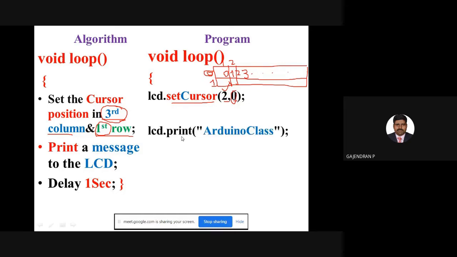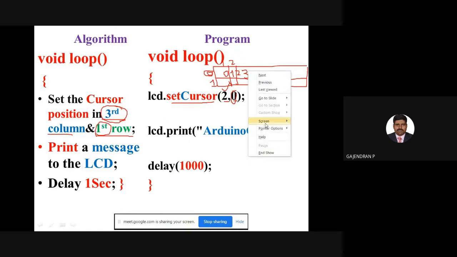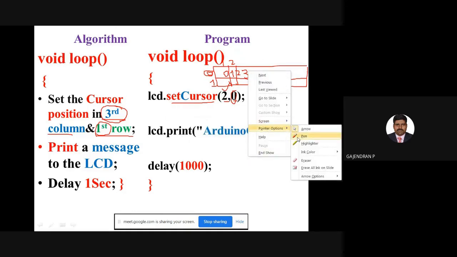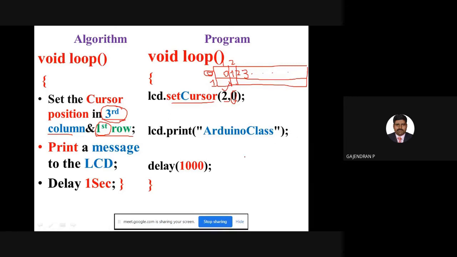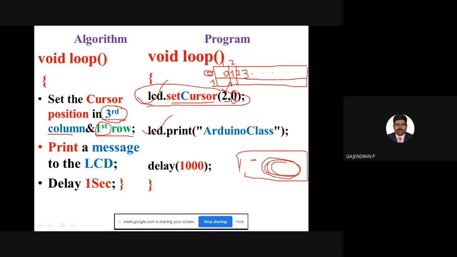Okay. Now, what is the statement we are going to print? LCD print Arduino class. Shall we try this one? And the last point, why are we introducing delay? See, the LCD consists of a microcontroller. The microcontroller will take some time to process these commands. This is called command. This command will make your cursor appear here.